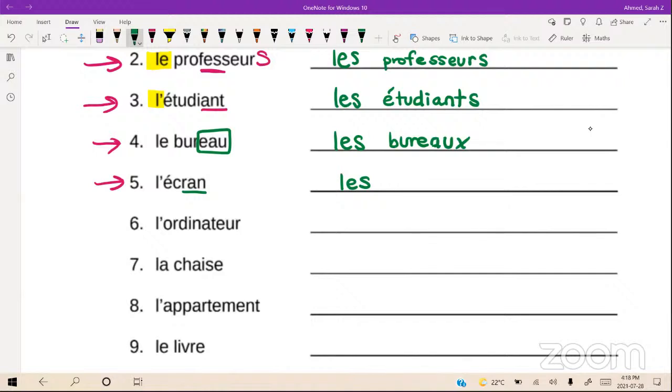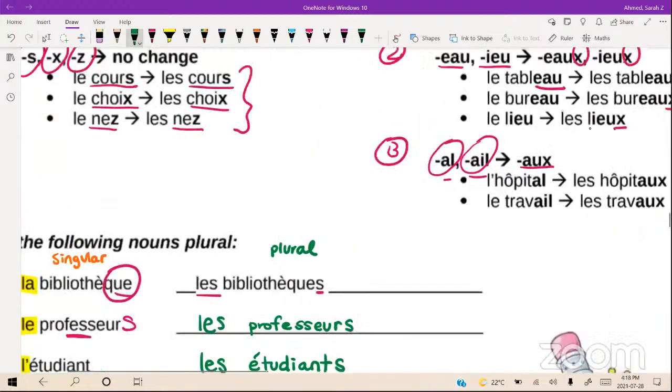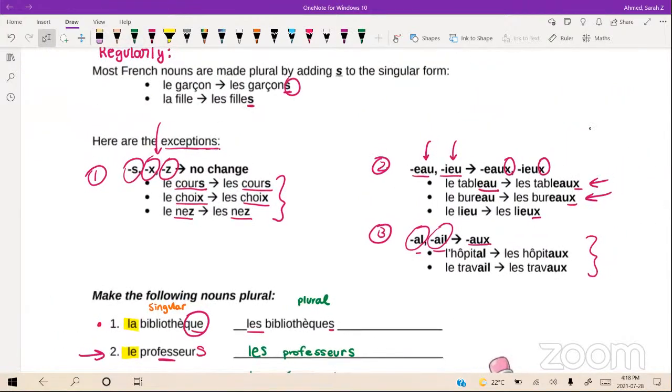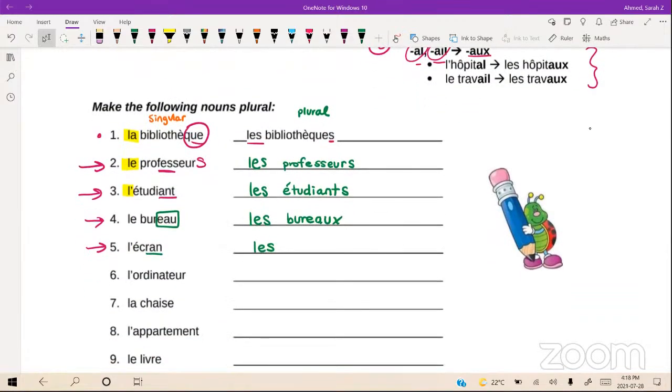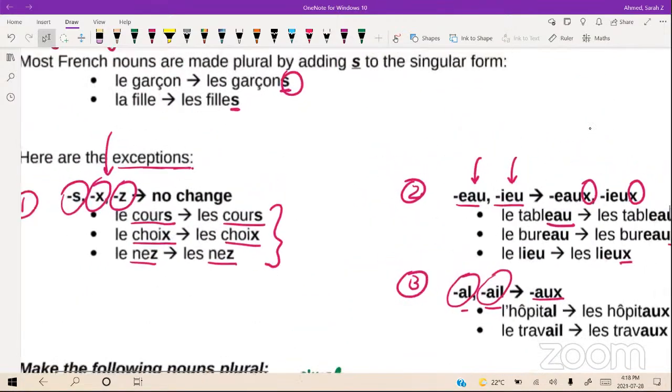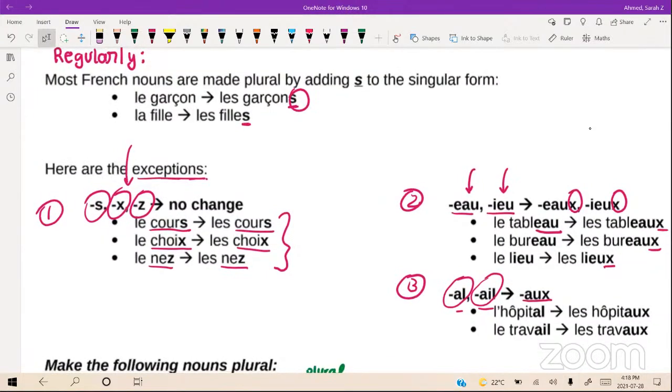I have a question. Before it says here no change. It says S, X and Z. Why does it say this? I didn't get this column very well. Which part? Wait, like from the notes, somewhere here? The exceptions? Yes, no change.